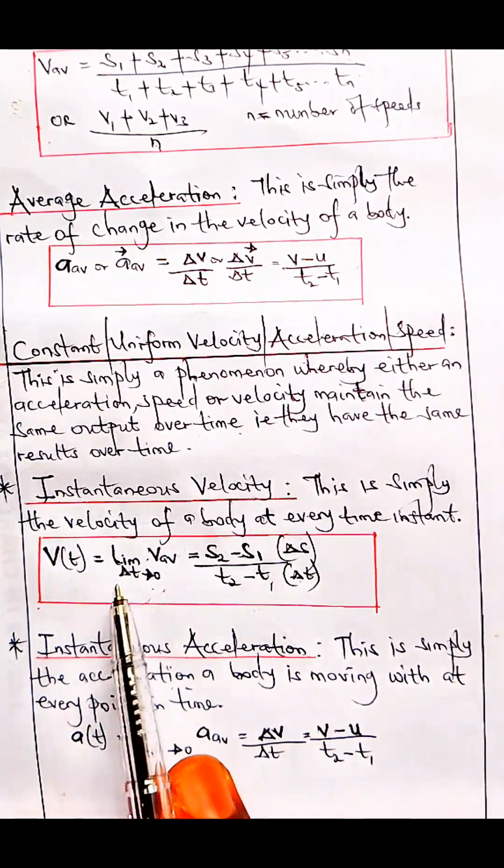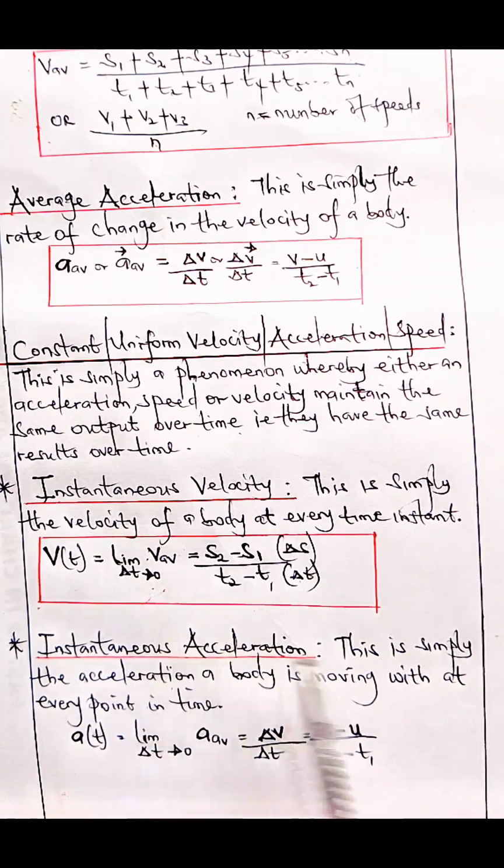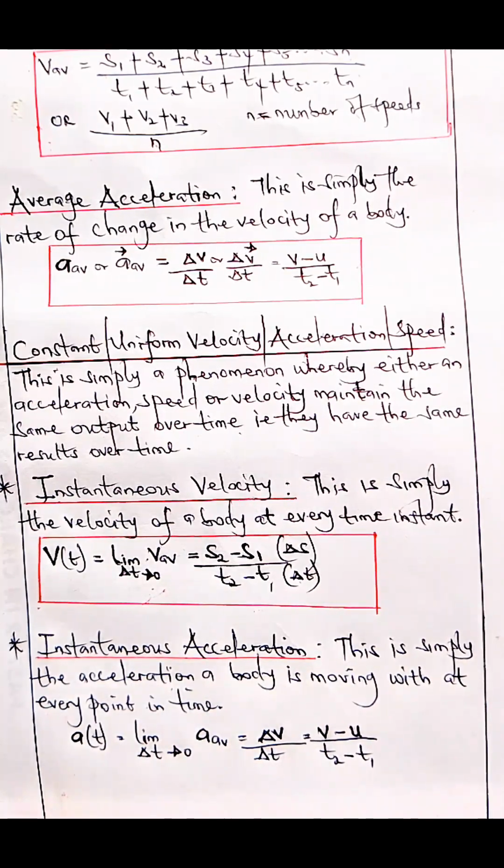So under instantaneous velocity, we're talking about the change in displacement over change in time, even as time approaches zero. So we're talking about that very small time it takes for us to have an average velocity. So that's what instantaneous velocity simply deals with.